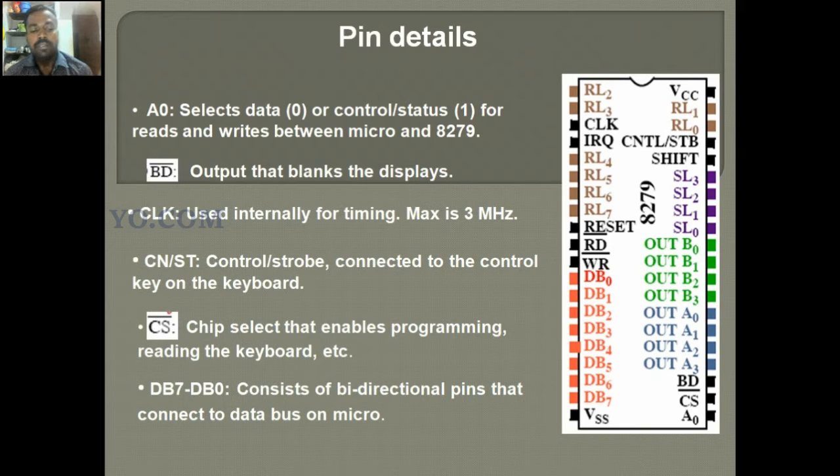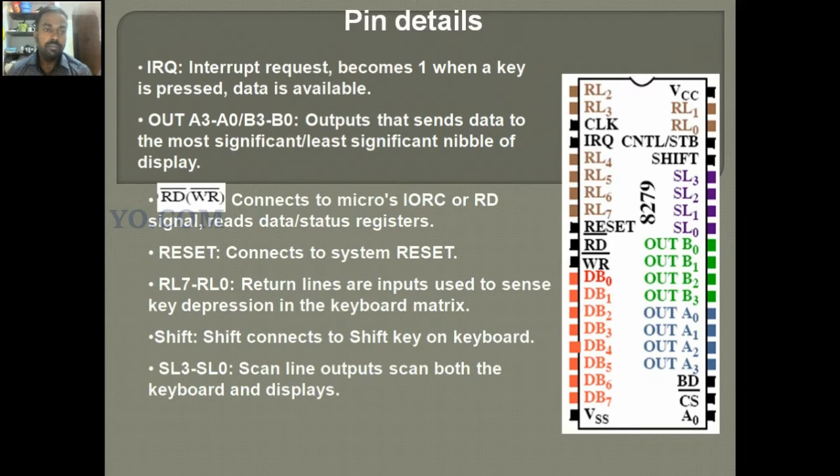Then DB7 to DB0, that is the data bits, consisting of bidirectional pins that connect the data bus to the microprocessor. Then IRQ, that is an interrupt request, which becomes one when any key is pressed. Okay, so that is the interrupt request.